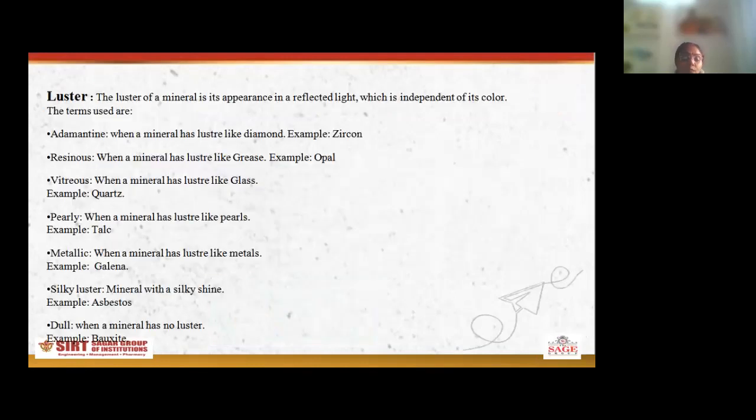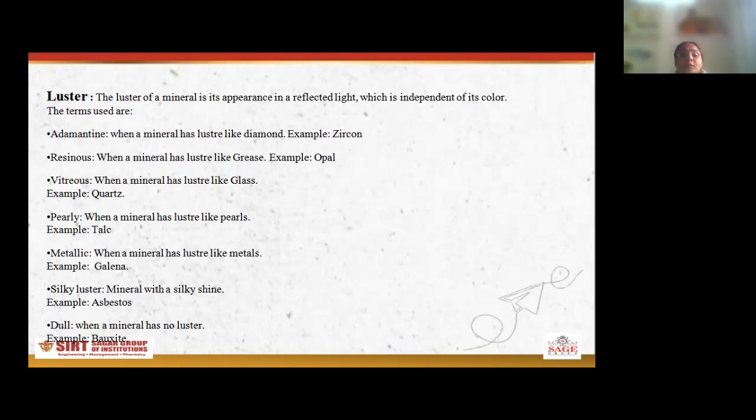Then luster. What is luster? Luster is the reflectivity of a mineral in light. When we reflect the sample in the light, it reflects the light like different objects.